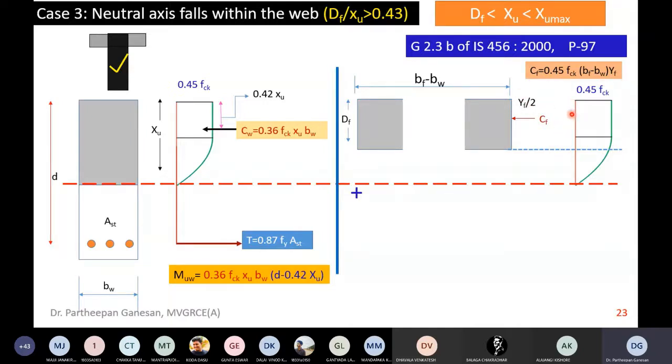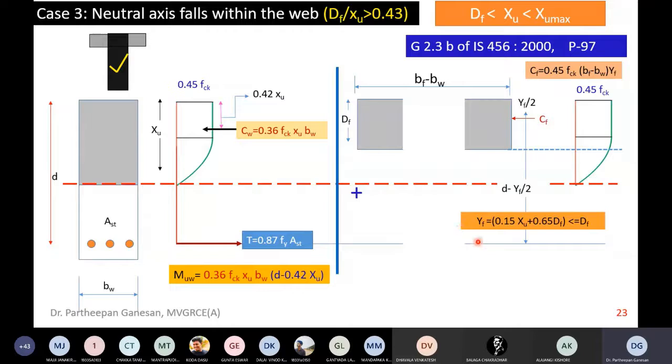So the force will act at a distance of Yf by 2 and the lever arm is d minus Yf by 2, and the Cf uses 0.45 fck as stress. bf minus bw is the width of the flange and Yf is the equivalent rectangular depth of this stress diagram, and that is the depth.